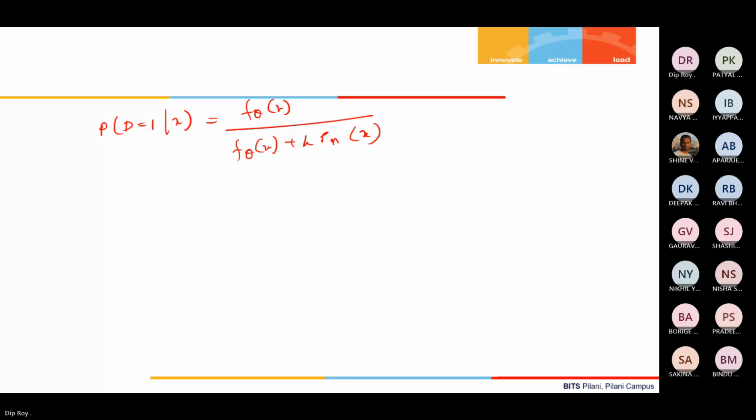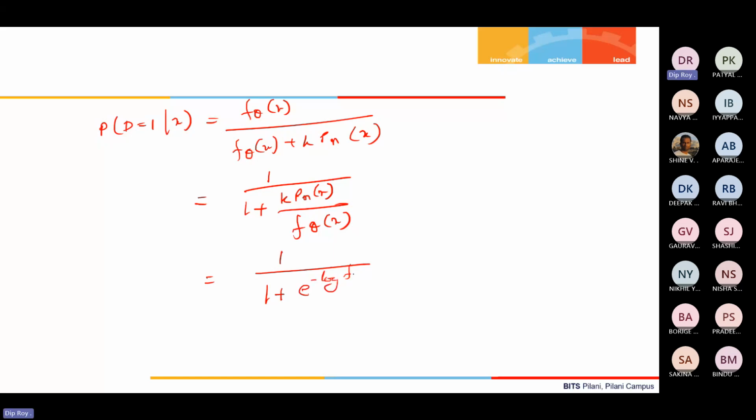And I can write it in this particular form, which is 1 by 1 plus k p of n x over f of theta x, which is 1 plus e to the power minus log of f of theta x over k p of n x.